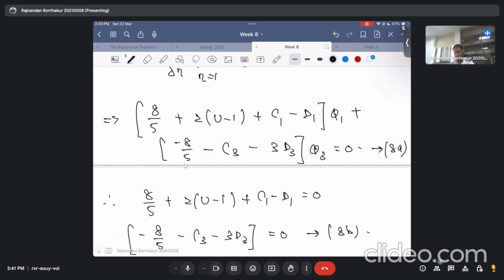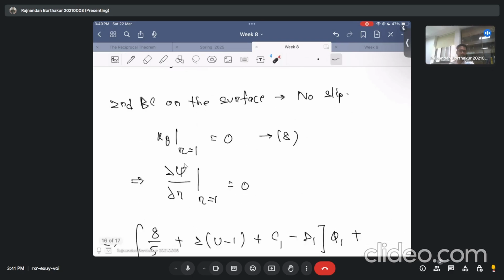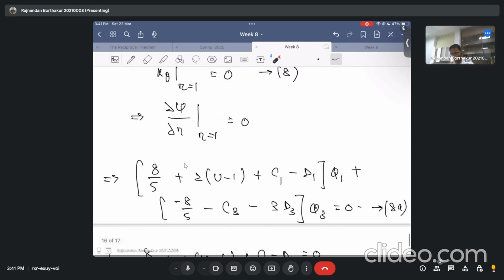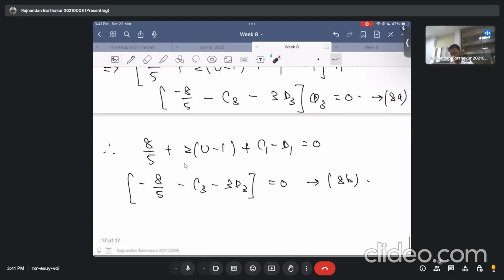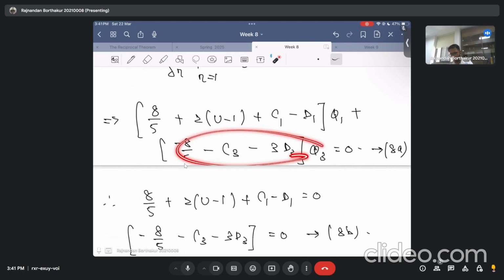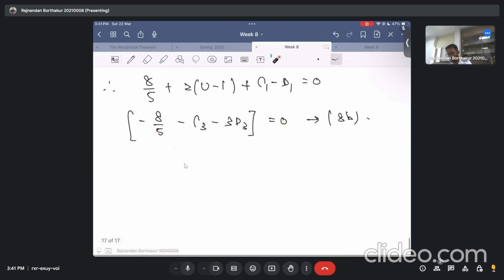So that's it, guys. We are all set. We just required four things: C1, C3, D1, and D3. We have four equations: two from the no penetration condition, and two from the no slip boundary condition, which are equation 8a and equation 8b. So four equations, four unknowns, and these are just linear equations. You guys are masters of this.